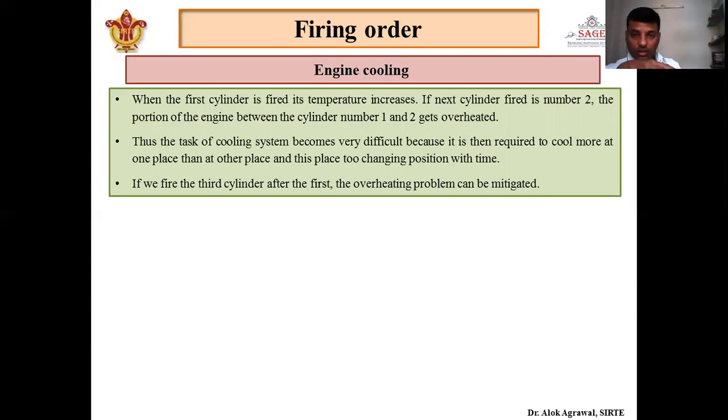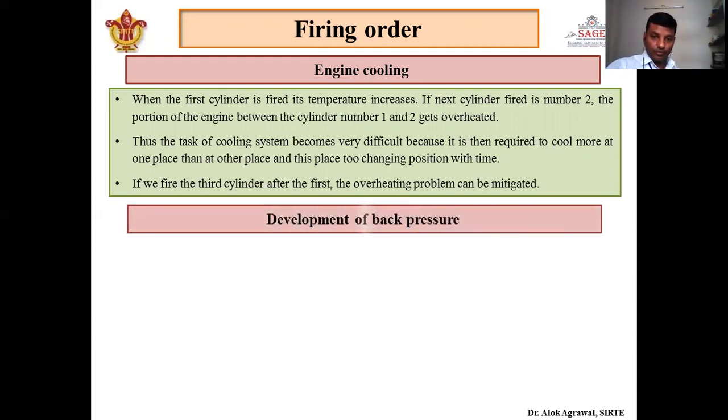So it will be a very difficult task for the cooling system to change its position with respect to time. Means first the cooling will be more effective near 1 and 2, and then in another part it will be more effective at 3 and 4. So if we fire the third cylinder after the first cylinder, then the problem of overheating can be reduced. Okay, so because of engine cooling also, we cannot fire the second cylinder directly after the first.